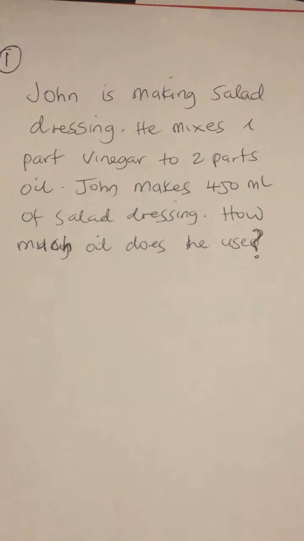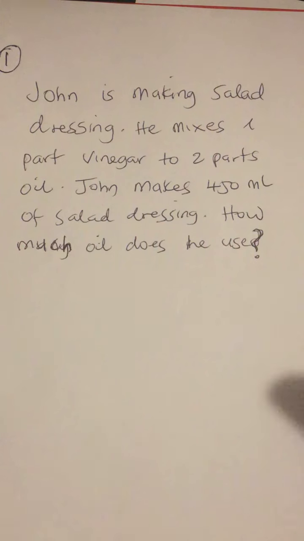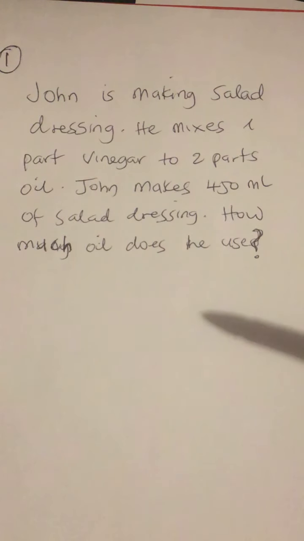John makes 450 ml of salad dressing. How much oil does he use? The question says John wants to mix a salad dressing using a ratio of 2 to 1, a proportion of 2 to 1. He mixes 1 part of vinegar to 2 parts of oil.